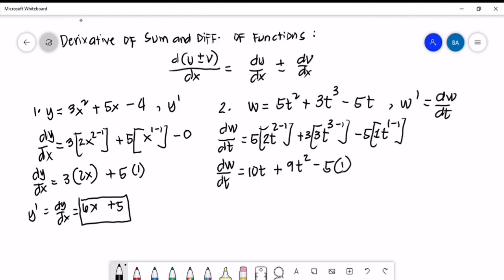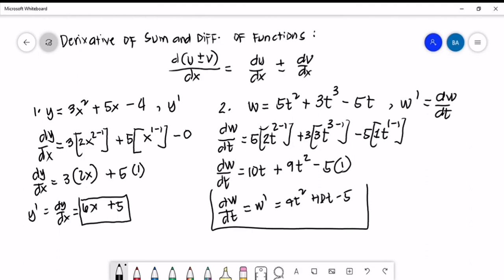So our derivative, w prime, let's arrange them: 9t squared plus 10t minus 5. This is now our answer.